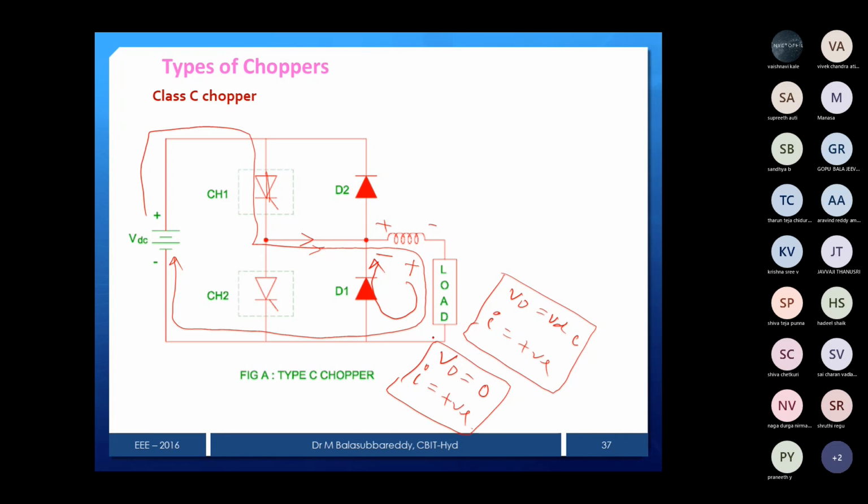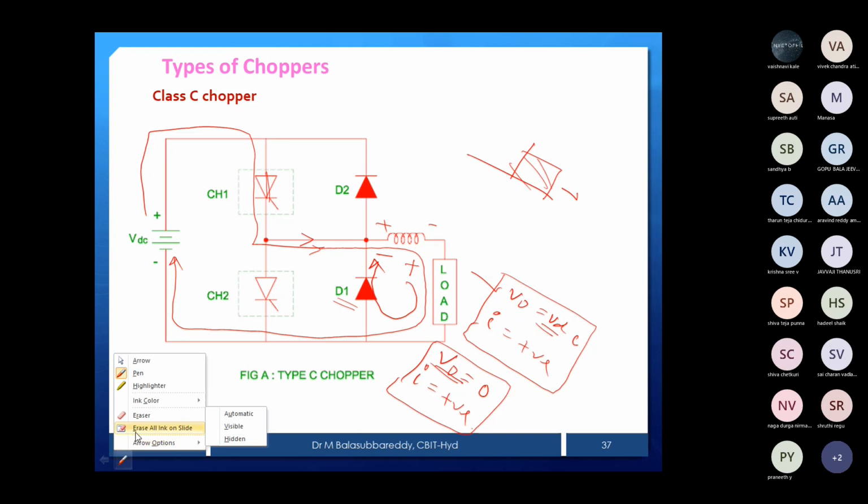So from this, what is the observation? When chopper 1 is on, you get output VDC, and when diode D1 is on, output is 0. In both cases current is positive. So if these two are operating, you will get first quadrant. Voltage is positive or 0, meaning the average is positive, and current is positive. So this is your first quadrant if these two devices are on.